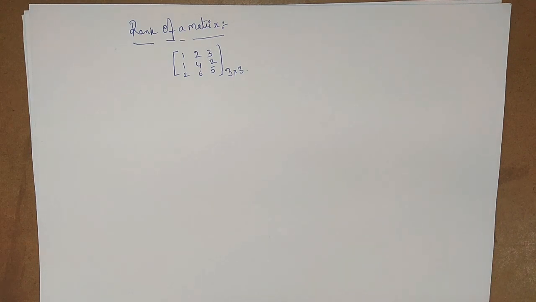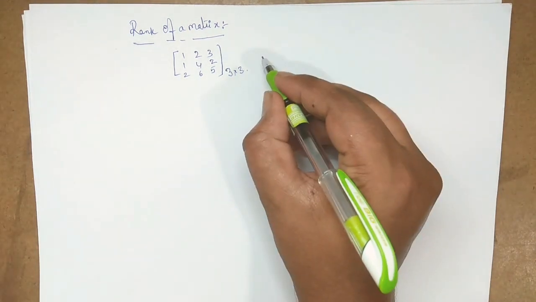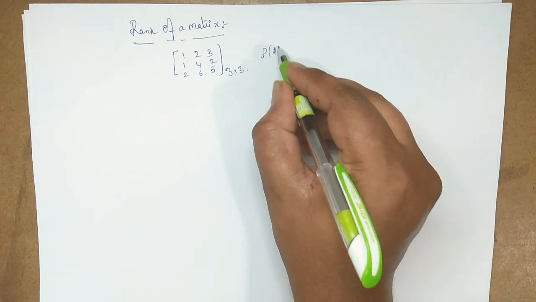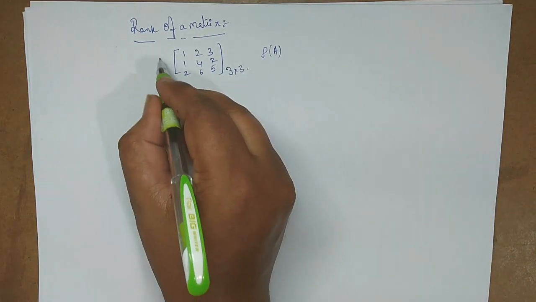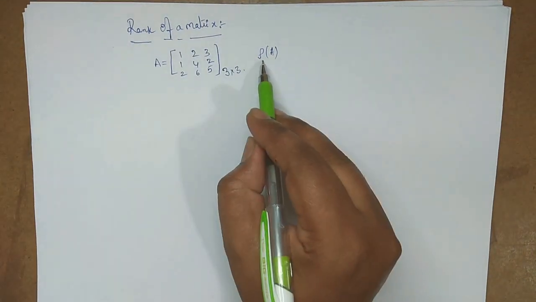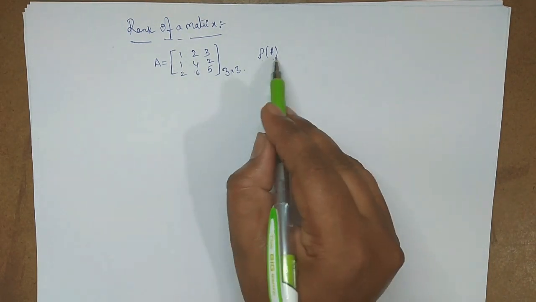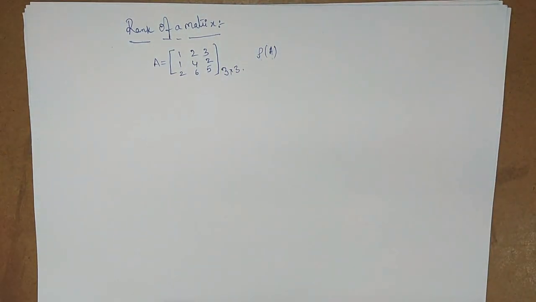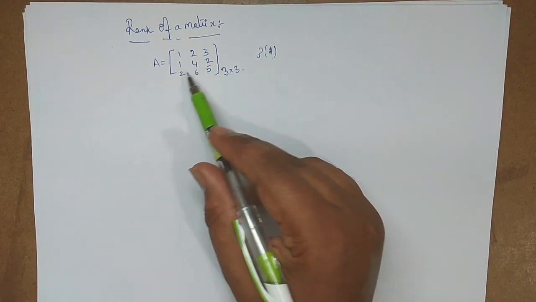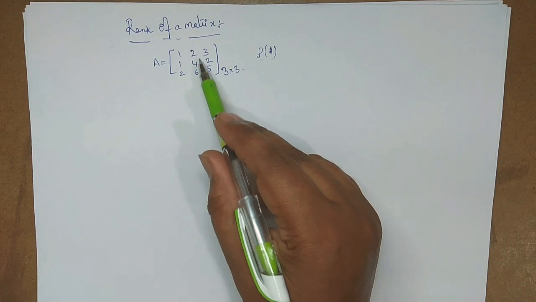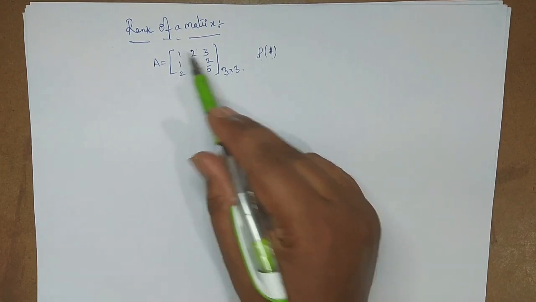The rank of the matrix is denoted by the letter rho of A if the given matrix is A. Rank of A, rho of A, right? We'll be dealing with many row and column operations here, and we need to make it into an identity matrix of minimum minor.